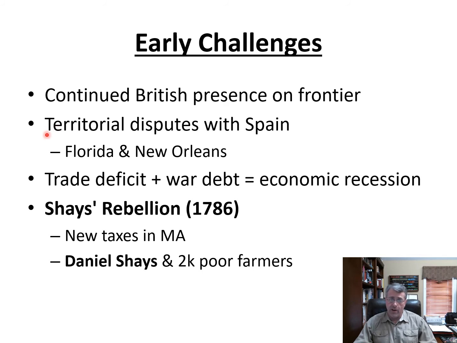And in addition to that, we've got a lot of border disputes with Spain. Spain still controls Florida, but the border between the United States and Spanish Florida is never specified or clarified. So this is going to create a lot of problems with us diplomatically between England and Spain, with regard to our borders.